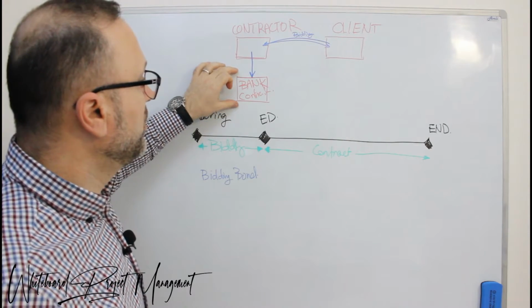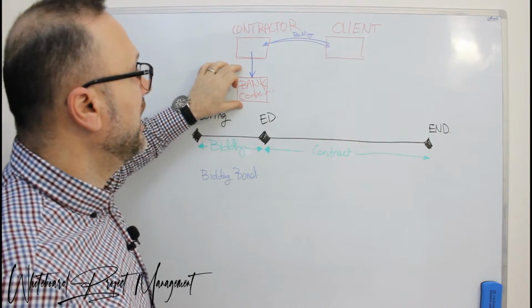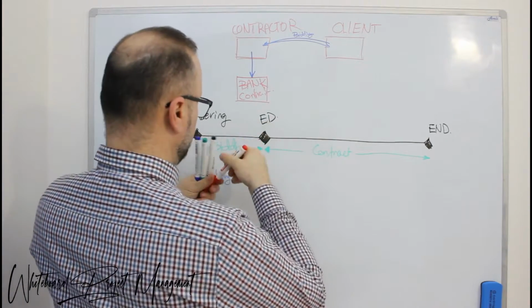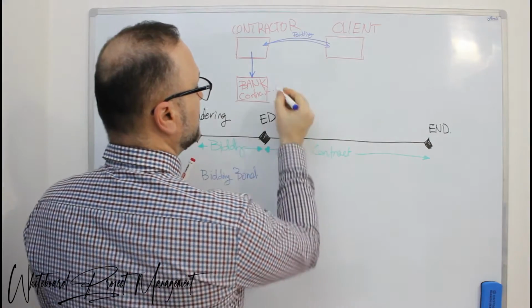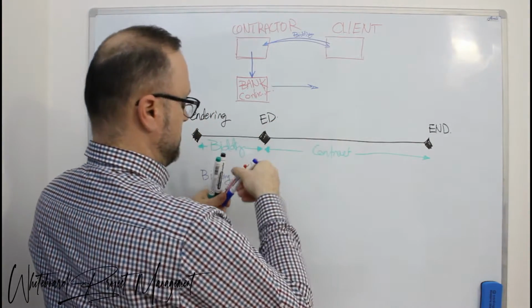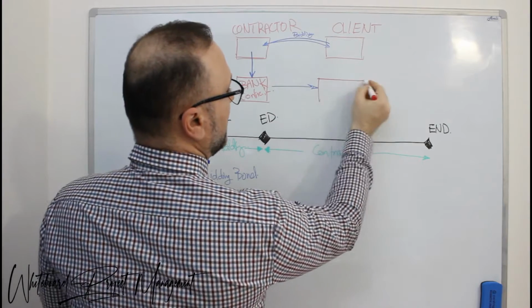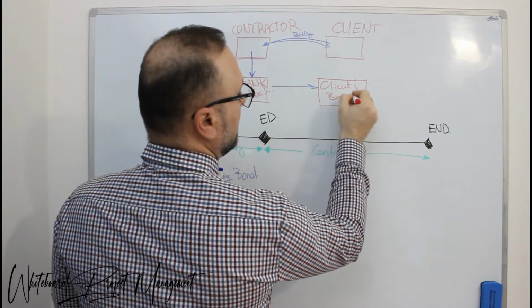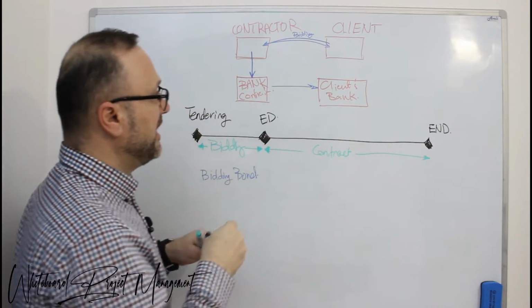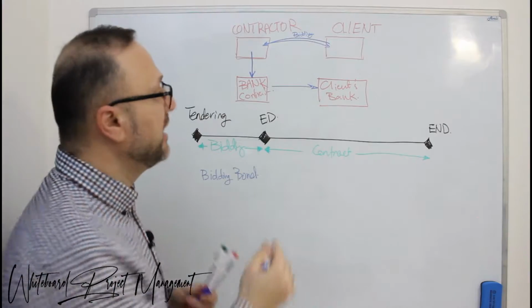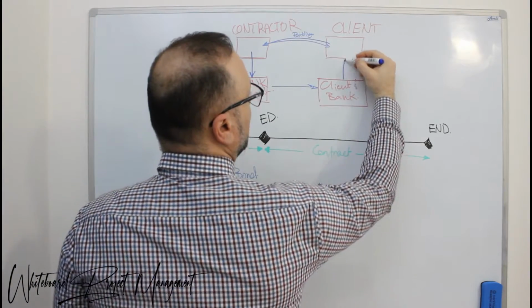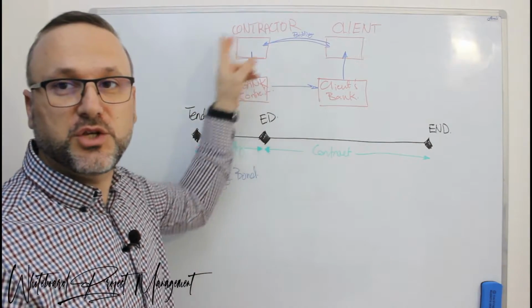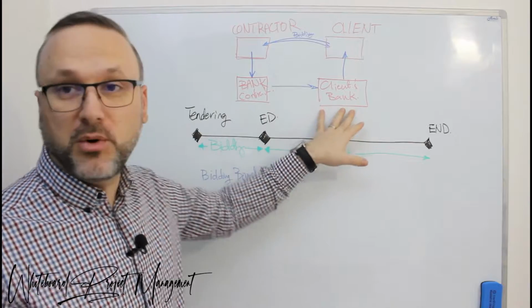The bidding bond will be issued, and the contractor's bank informs the client's bank that the bond has been issued, and the client's bank informs the client about the issuing of the bond.